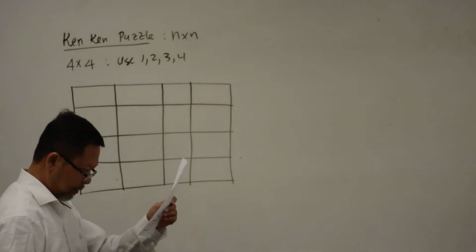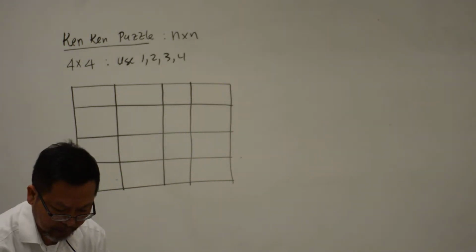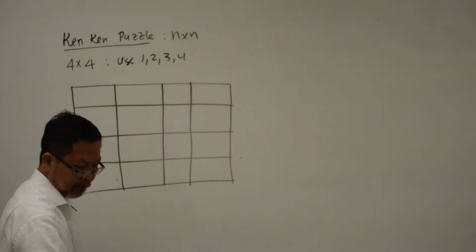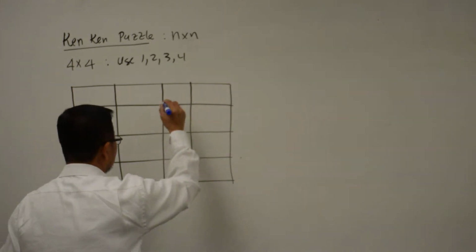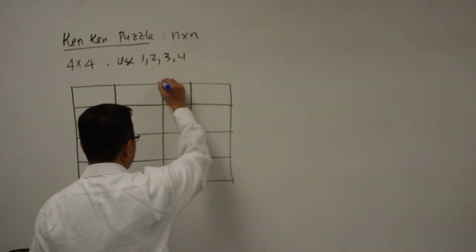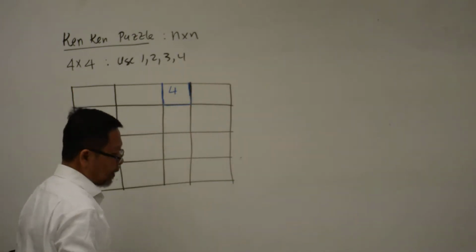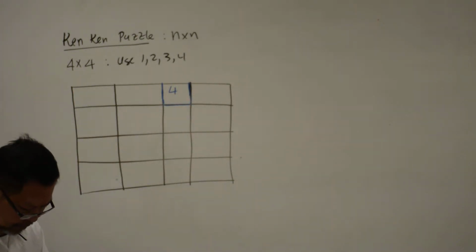It's 4 by 4. Then in this case, the number 4 is given. So that means you don't need to find this number, 4 is given.